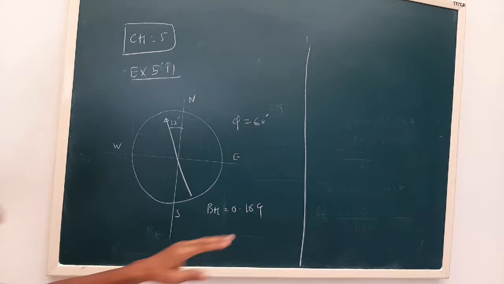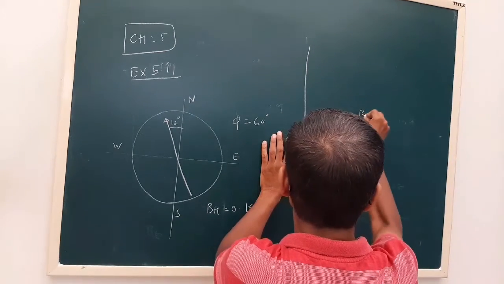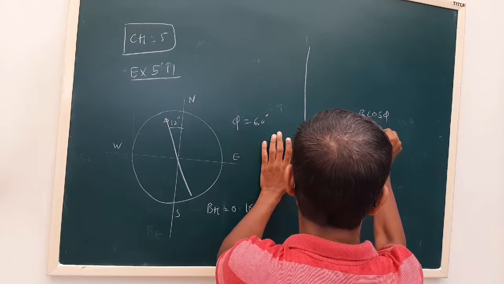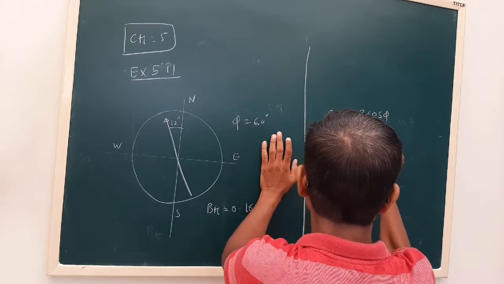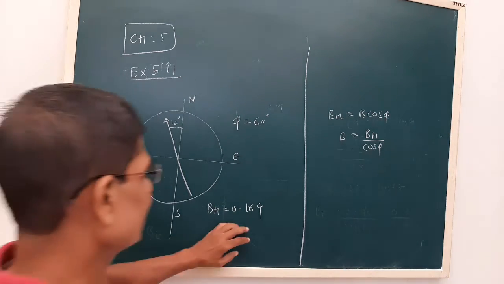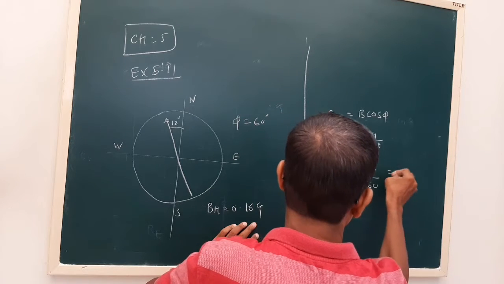Earth's magnetic field. See our formula: horizontal component B_H equals B cos phi. Now B_H is given as 0.16, so B equals 0.16 divided by cos 60, whose value is 1/2.